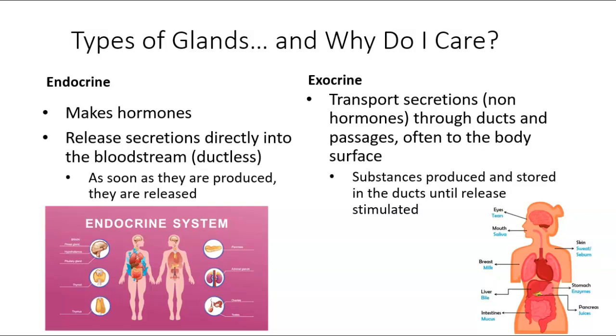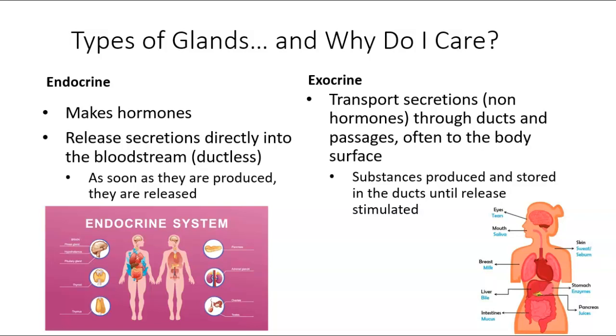So they are considered a ducted system. Endocrine, on the other hand, makes the hormones and releases the hormones directly into the bloodstream. They are ductless. Exocrine doesn't make hormones, it makes secretions, so that's a little difference as well.